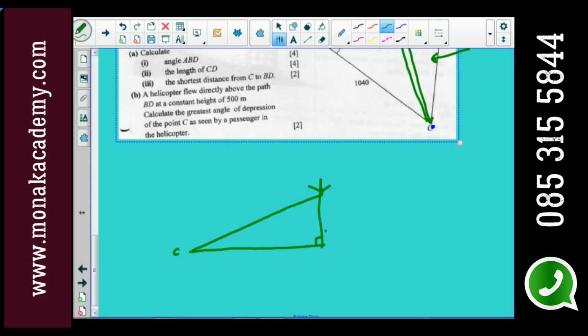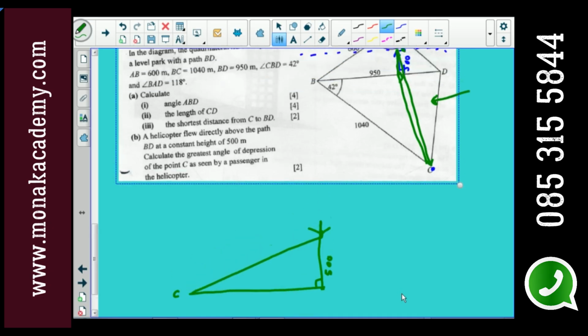This will be 500 meters, because we can't actually see the line BD, but we know if we are looking from where I put the arrow, D will be at this point. D will be somewhere there. So there is the diagram that we have; it will be looking exactly like this.